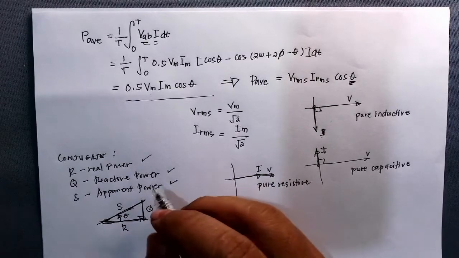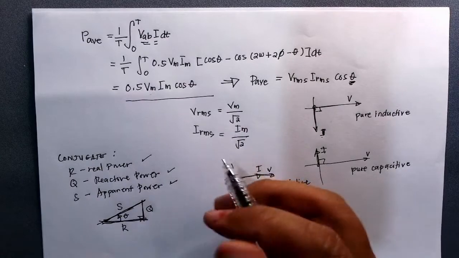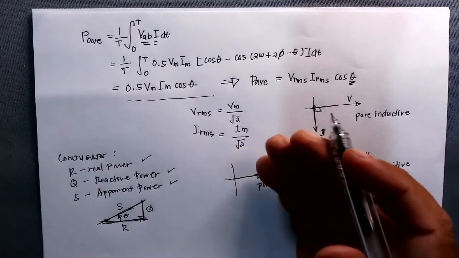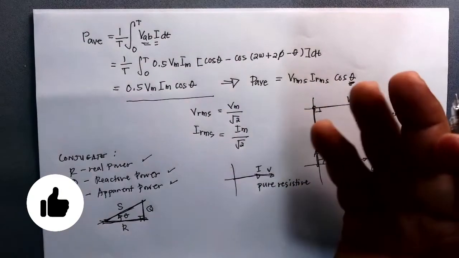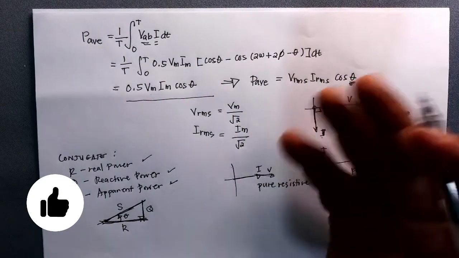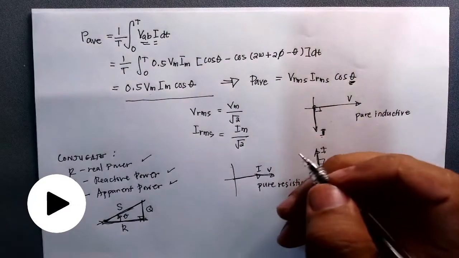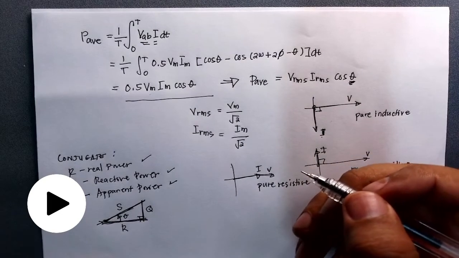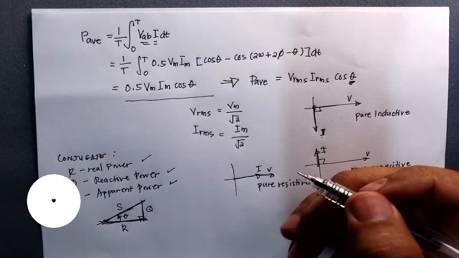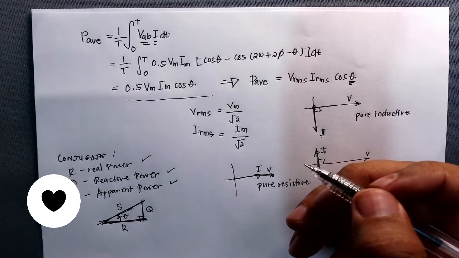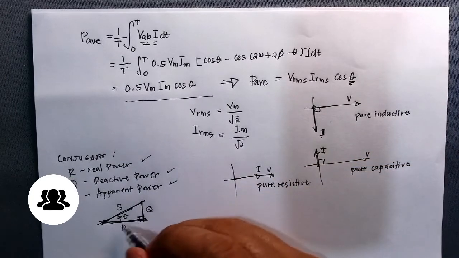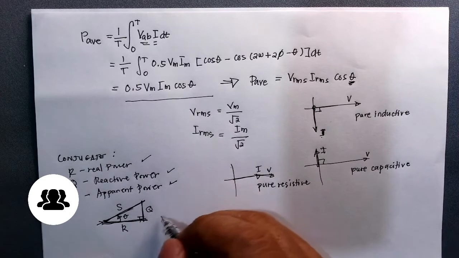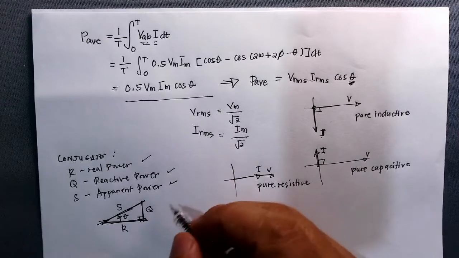Okay, so we just use trigonometric functions or the Pythagorean theorem. We just use that. Okay, so we can easily solve for S, Q, and P. So you'll notice here that we can also represent this in rectangular form.